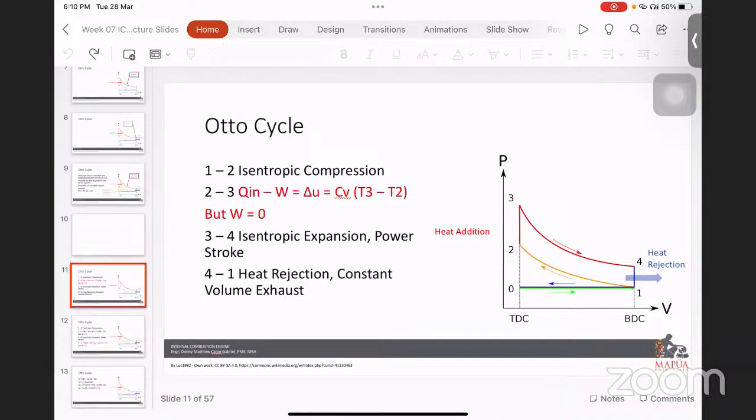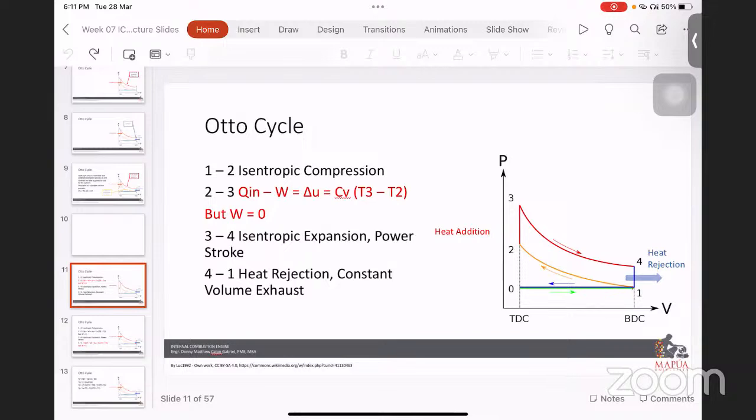So, since there is no work done in process 2 to 3, meron tayong heat intake pero wala tayong work done because there's no change in volume. Pwede nating sabihin na work is equal to 0.